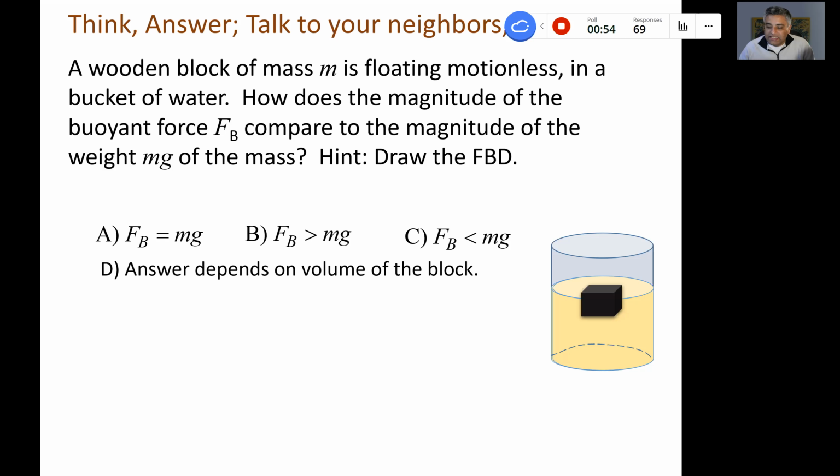And 5 more seconds. 5, 4, 3, 2, 1, and it stops. Okay, let's see what we got.